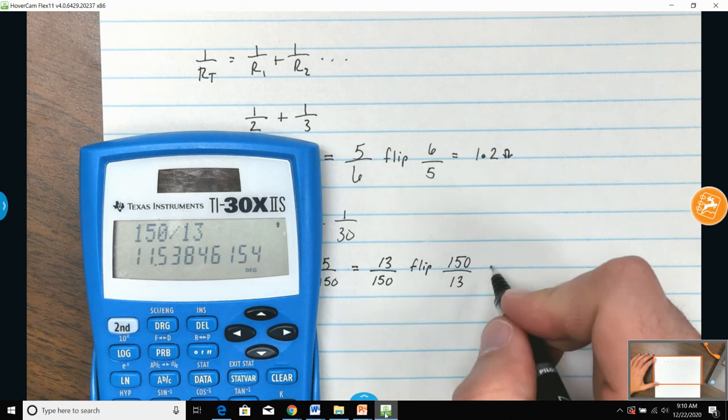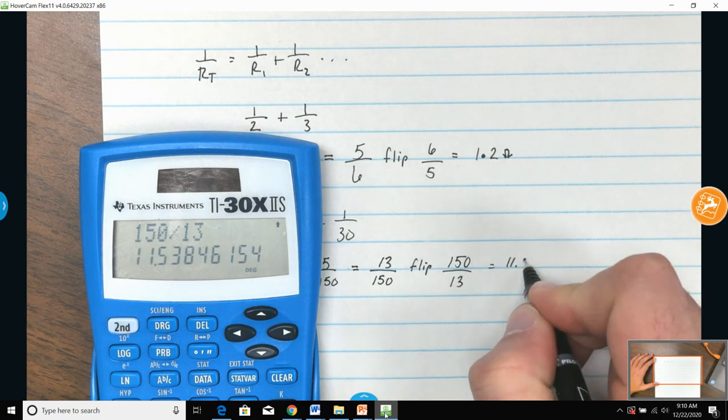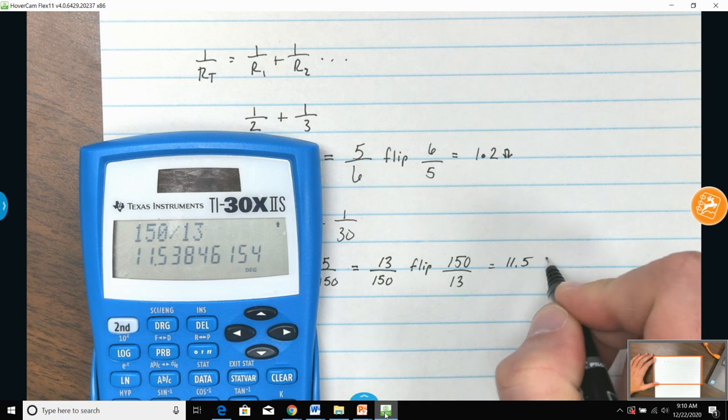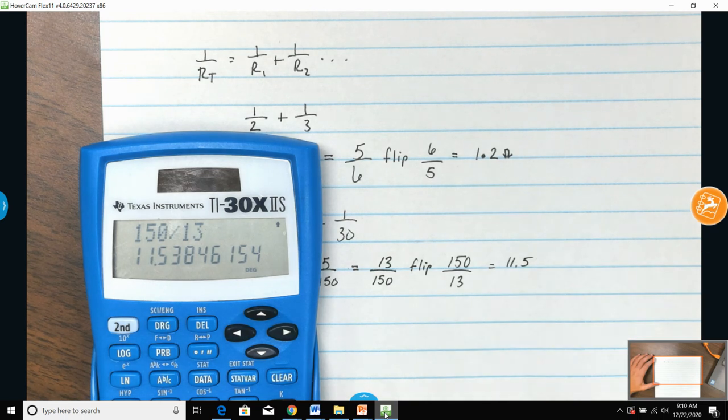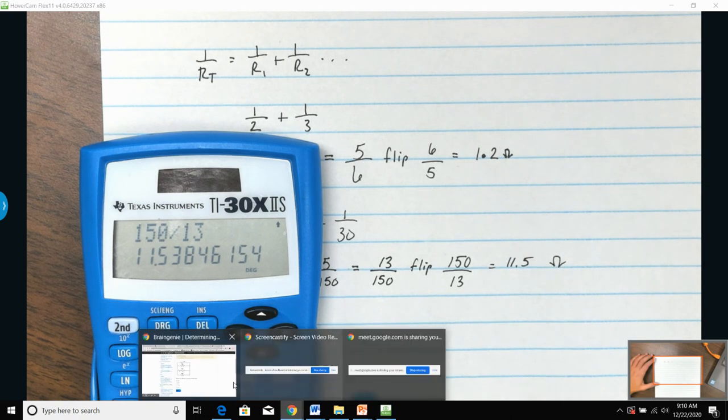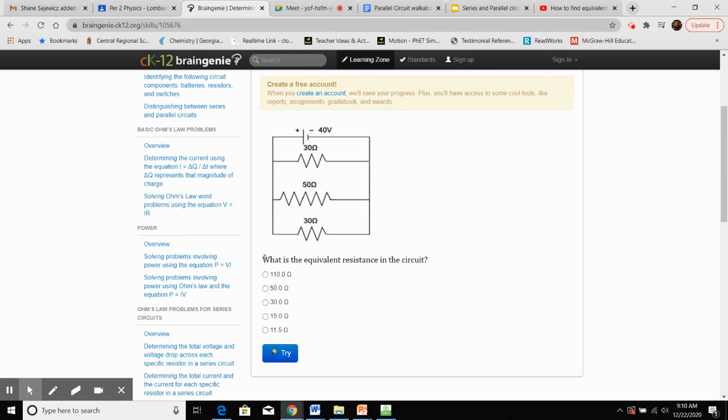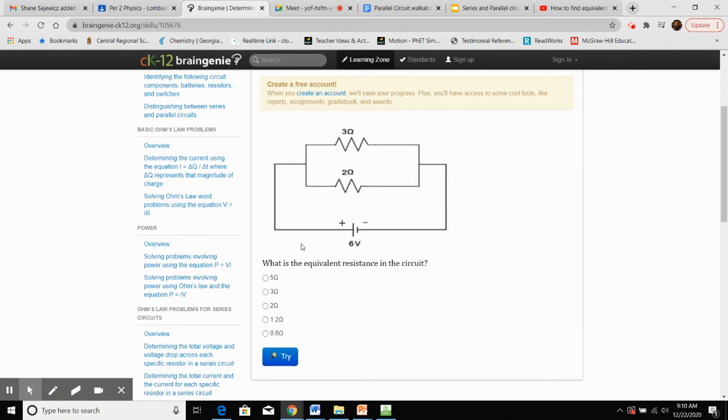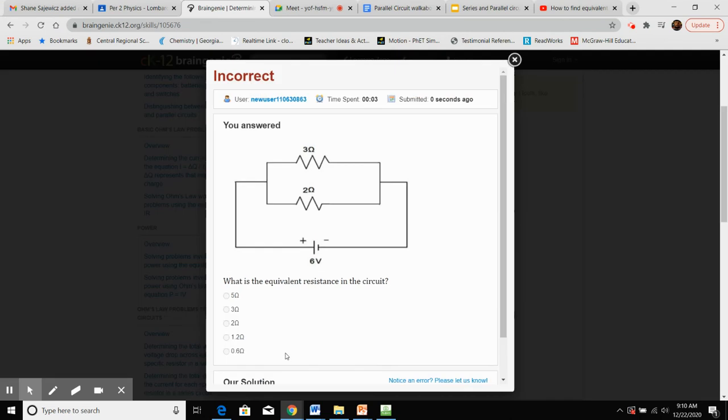We call it 11.5, or 11.53. Let's see what they have here as our possible answers. Yep, 11.5. Let's try that. Correct. Bang.